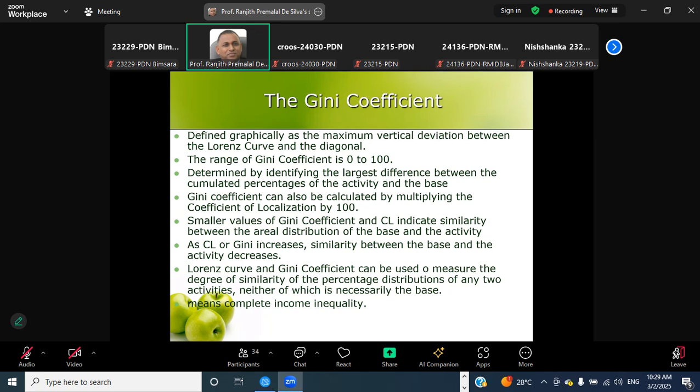The Lorentz curve and Gini coefficient can be used to measure the degree of similarity of the percentage distributions of any two activities, neither of which is necessarily a base. So you can compare two totally different activities and see how similar they are. You can compare non-related variables also.